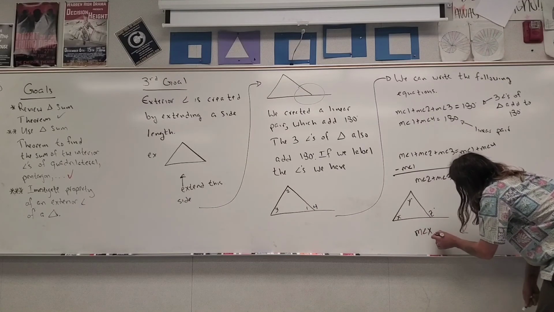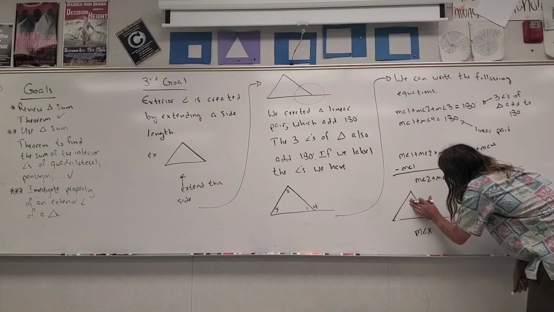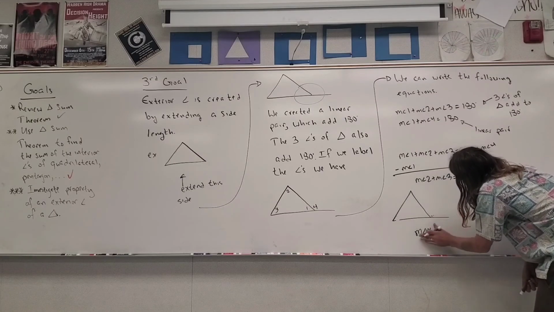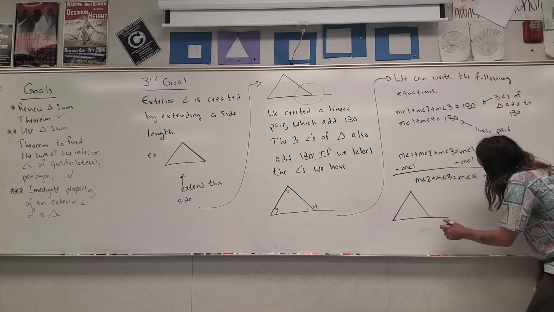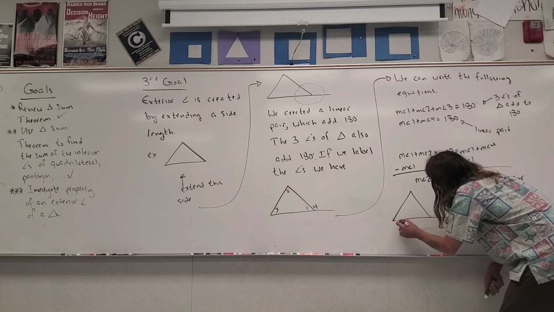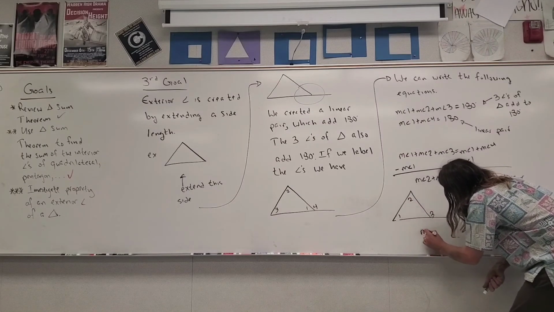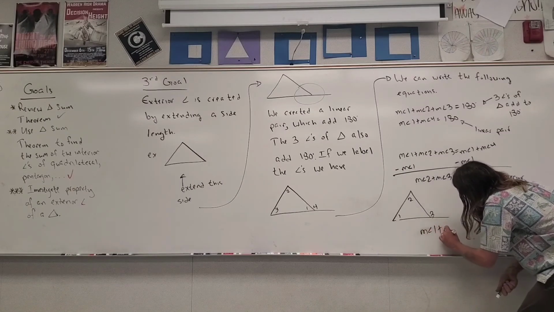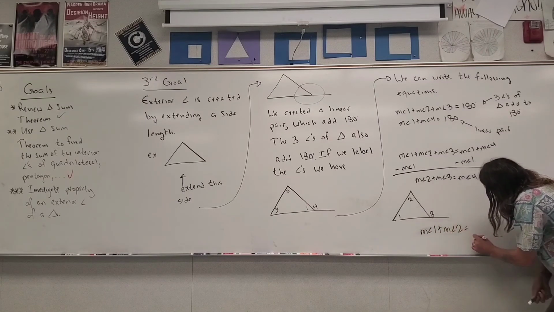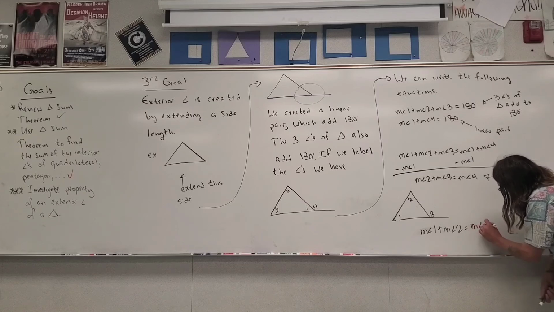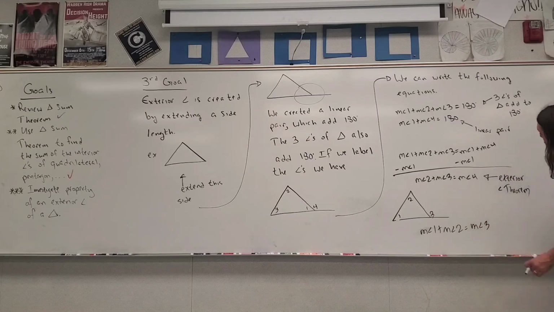Oh, you know what? I'm not doing this because we just had a discussion about this. I'll go back to 1, 2, and 3. So we know the measure of angle 1 plus the measure of angle 2 has to equal the measure of angle 3. All right.